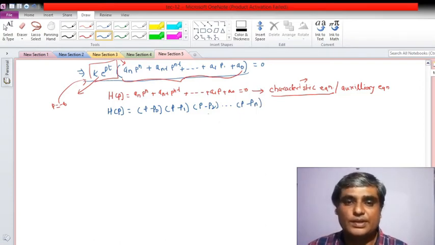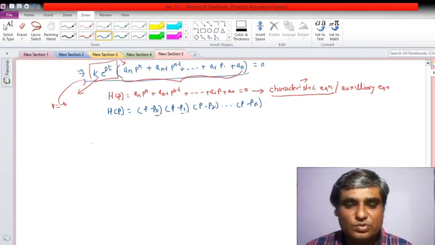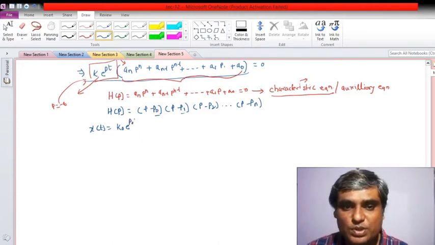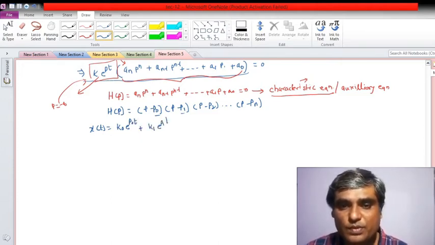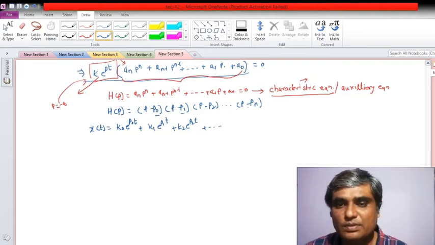Now I have the roots p0, p1, p2, p3. So what will be my total solution? x of t will be the sum of all the exponential forms. So it will be k0 e raised to p0 t plus k1 e raised to p1 t plus k2 e raised to p2 t like this, up to k_(n-1) e raised to p_(n-1) t.